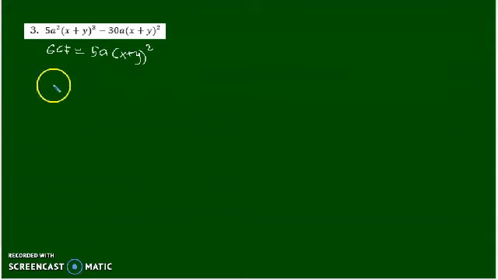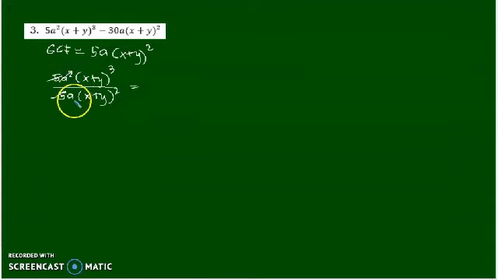So again, divide each term of the polynomial by the GCF. So 5a squared times the quantity of x plus y raised to the power of 3 divided by the GCF, which is 5a times the square of x plus y. So cancel. 5 divided by 5 is 1.